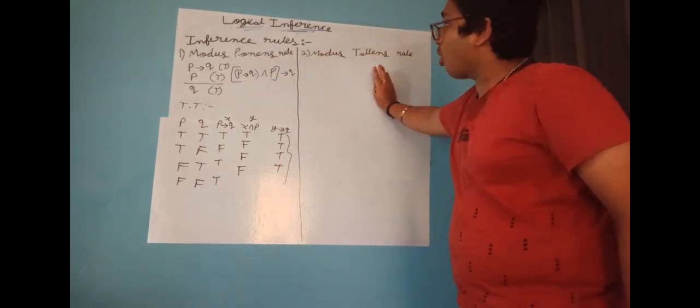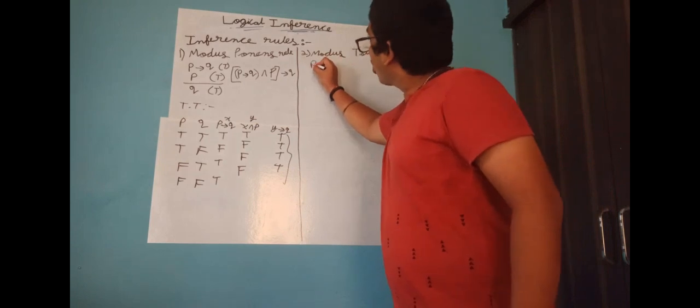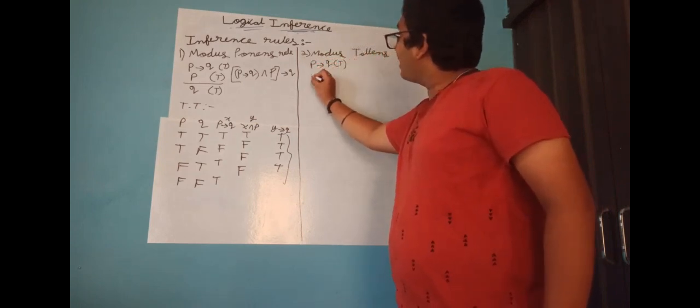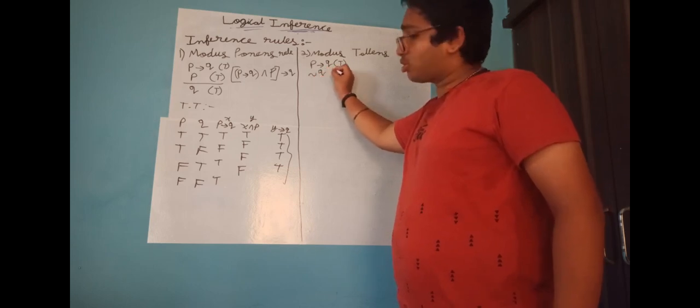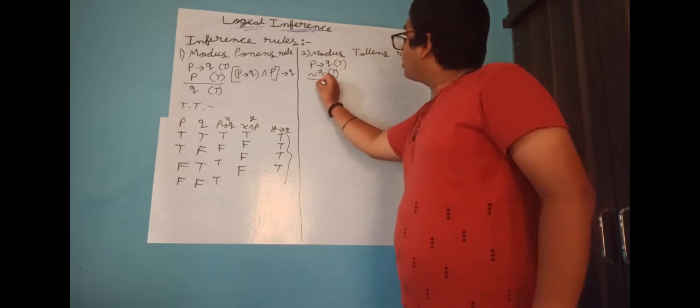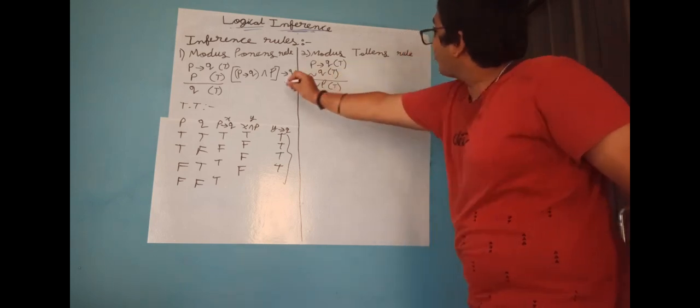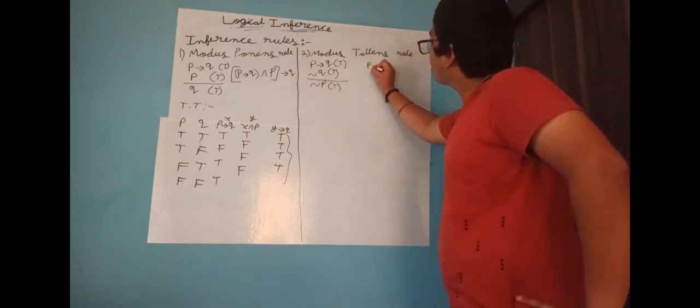Now coming to modus tollens. In modus tollens, if P implication Q is true and negation Q is true, then negation P has to be true. How can we write this in symbolic form?